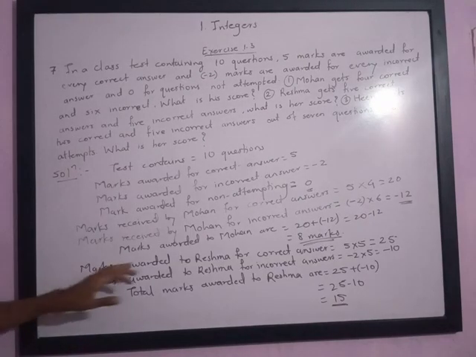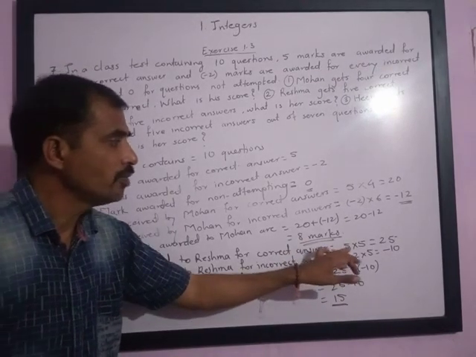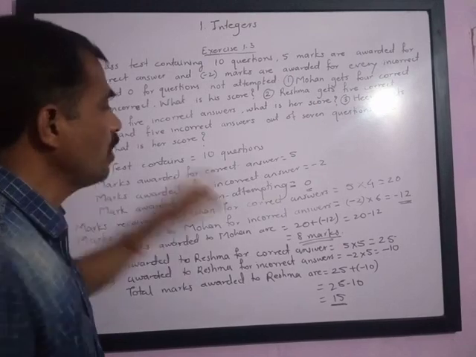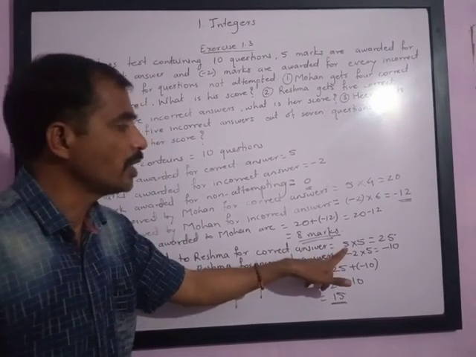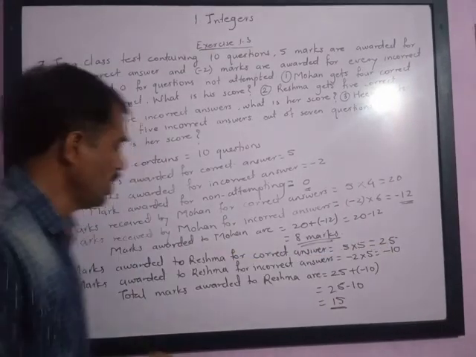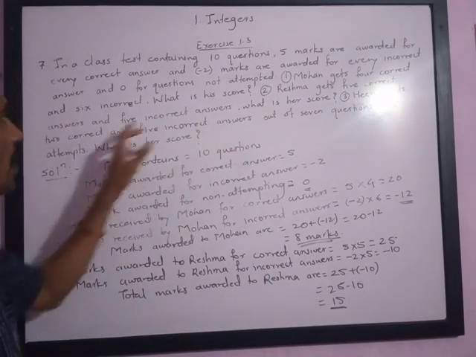Next is marks awarded to Reshma for correct answers. Reshma gets 5 correct answers. So 5 correct answers multiplied by 5 marks allotted for a correct answer. So 5 into 5 is 25. And marks awarded to Reshma for incorrect answers will be, her 5 answers are wrong.